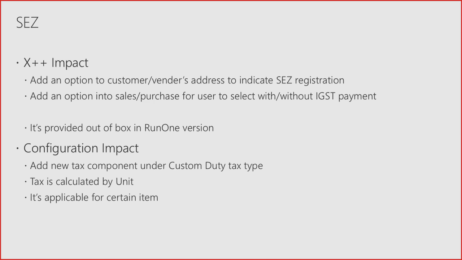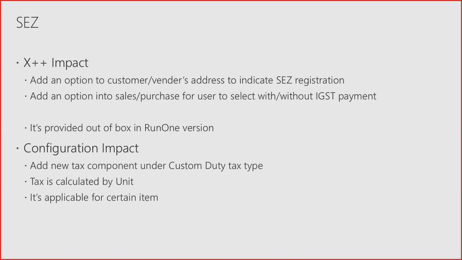So the first requirement is user or business should have a separate registration in SEZ area. So we need to add an option to customer or vendor's address to indicate whether this address is within SEZ. So we need some UI changes in the customer vendor address or other places. It's possible you add this change in the enterprise registration number master.